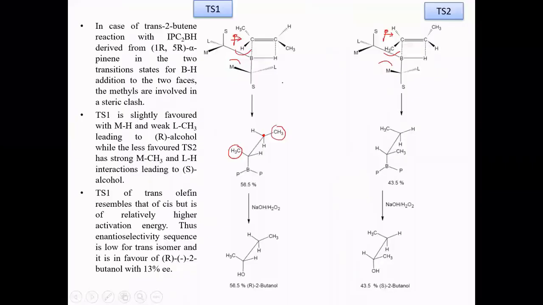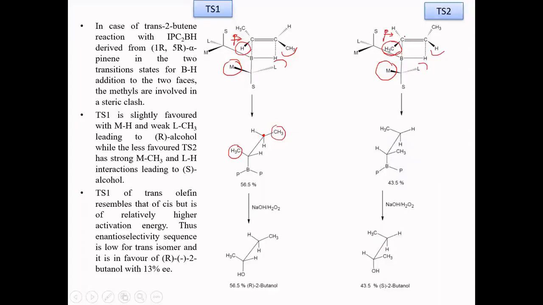But if you look at this, here one group is coming in interaction with proton, while other group is coming in interaction with large, that is methyl group. यहाँ पे भी same है. यहाँ पे larger group जो है, that is coming in interaction with the proton, while the medium size ring is coming in interaction with methyl.